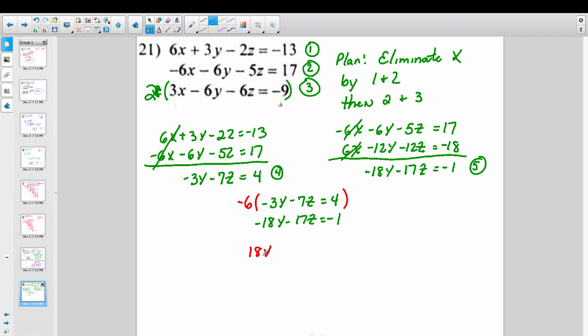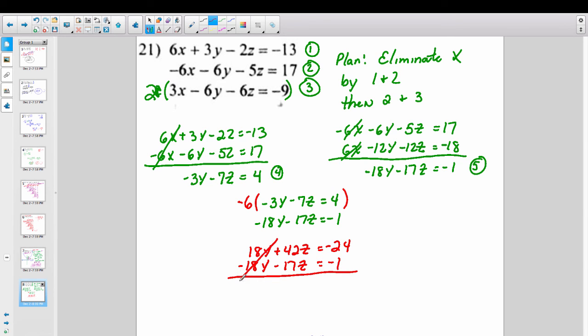18y plus 42z equals negative 24. And now that's going to be on top of negative 18y minus 17z equals negative 1.